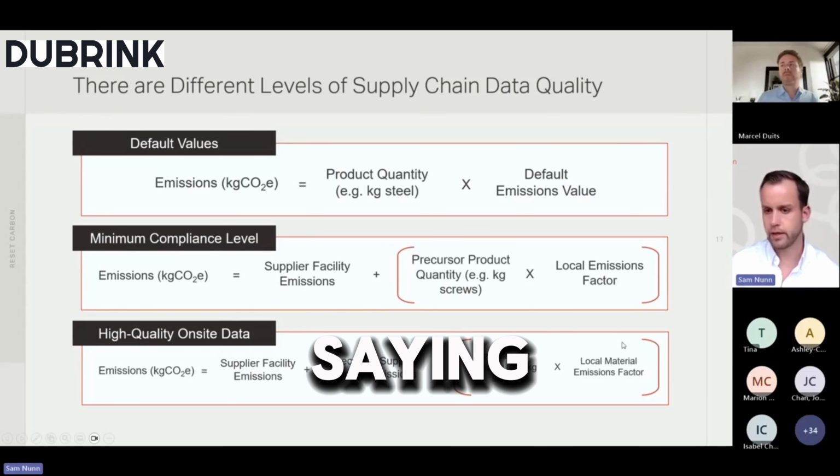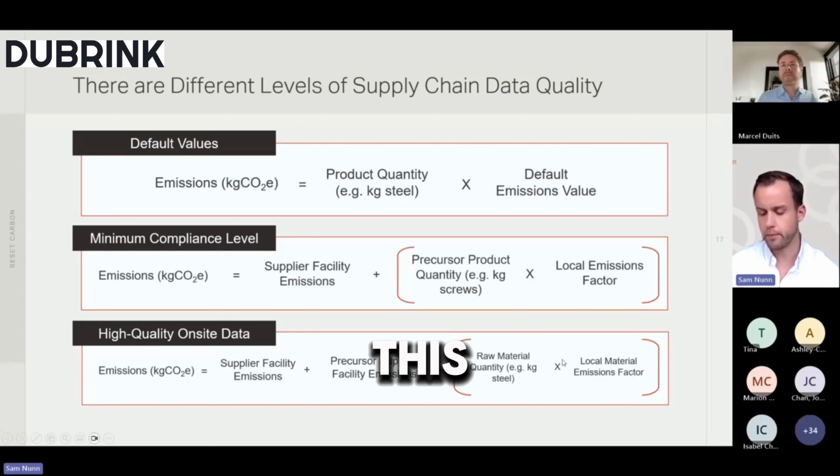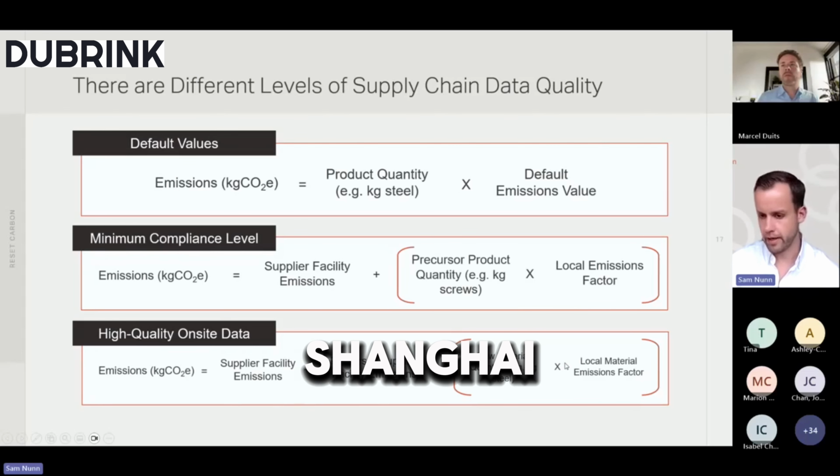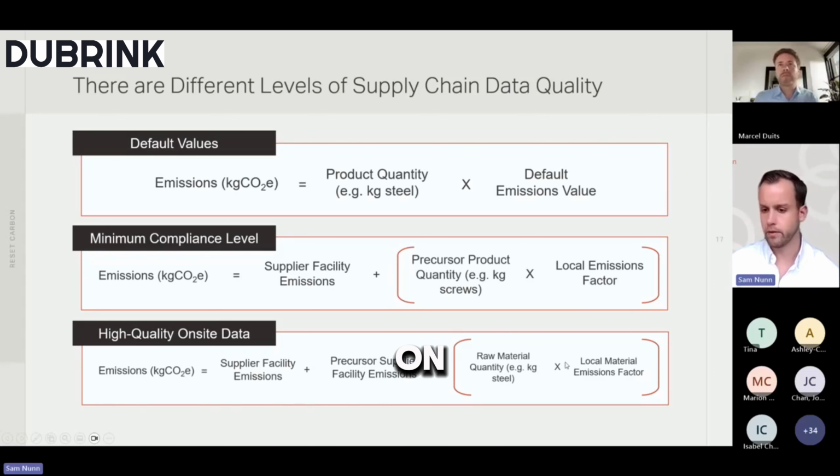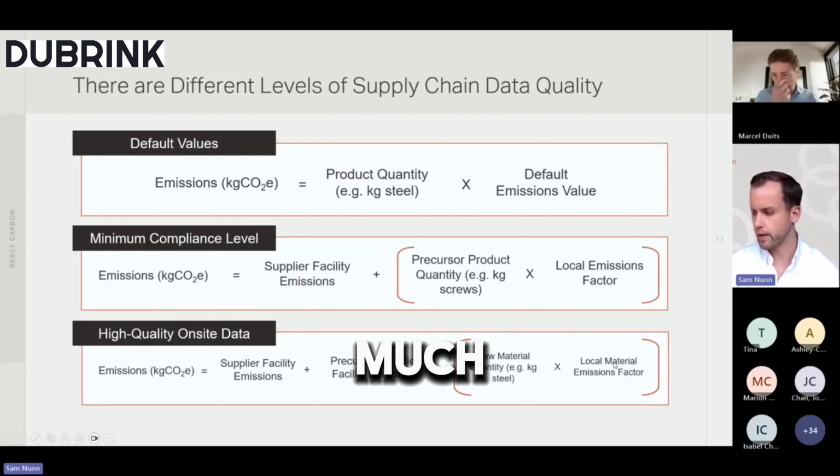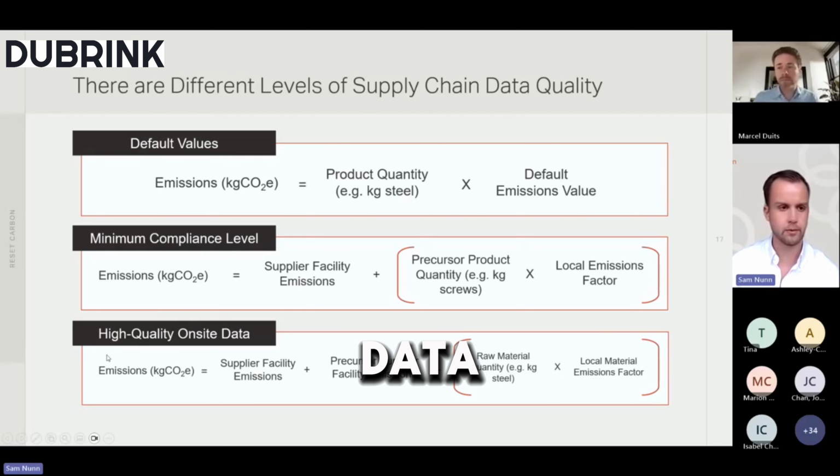So really not just saying Chinese steel is going to have this, but saying, okay, steel produced in the Shanghai area based on the specific grid constraints of Shanghai is going to have this much, right? So really, really localizing this data as much as possible.